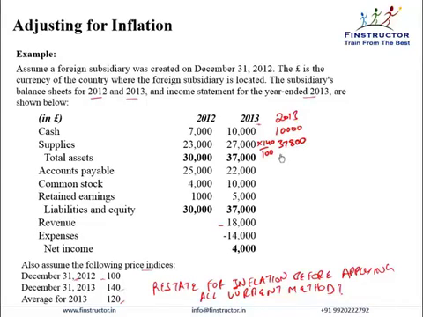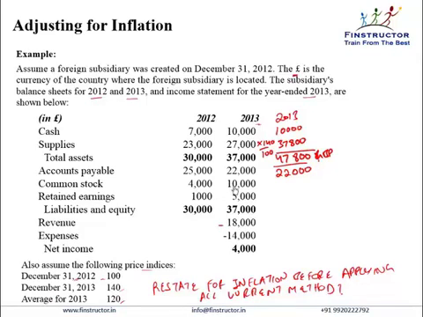Summing up the two, we'll get the total assets as 47,800. The accounts payable won't change since it's a monetary liability, so this will remain 22,000. My apologies, it will be the British pound, not dollars, since we are first restating the accounts in pounds. So this will be 22,000 pounds.